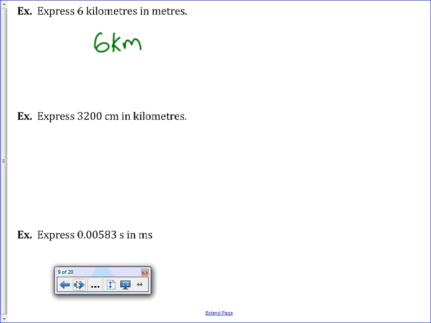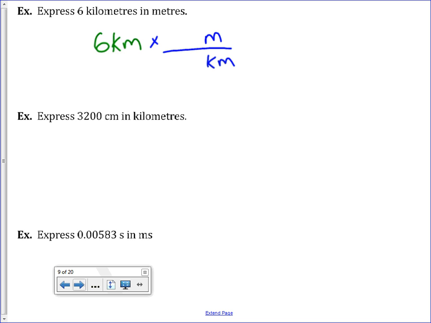And so if we convert that 6 kilometers into meters, we're going to multiply it by the units that we're interested in converting it to, and divide it by the units that we are starting in. So in this case, kilometers.